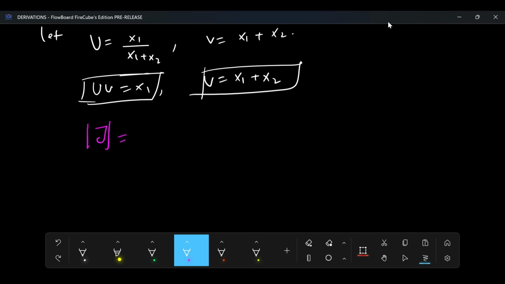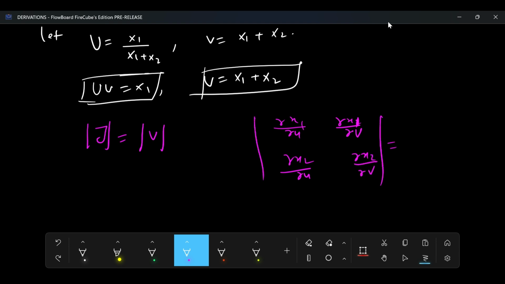Jacobian, that is J, that's simply v. Jacobian will be mod of v, as you can prove this by del x1 upon del u, del x2 upon del u, del x1 upon del v, del x2 upon del v. By this you can get the v, mod of v. Jacobian is always written in the mod. If there is minus v, then mod of minus v is equal to v.